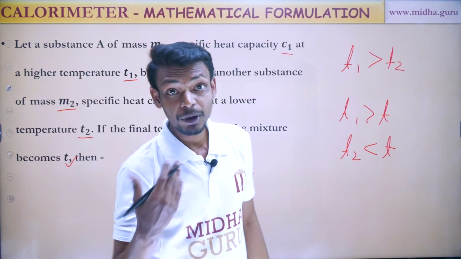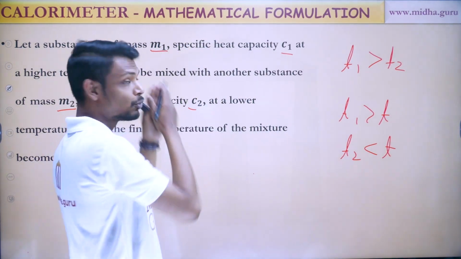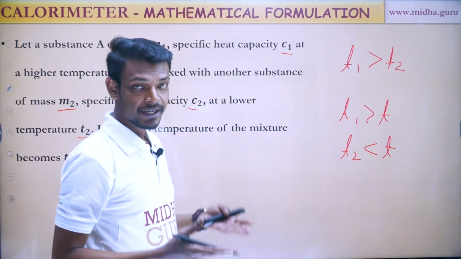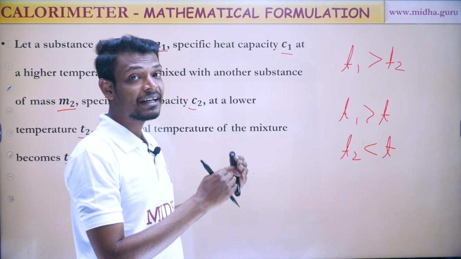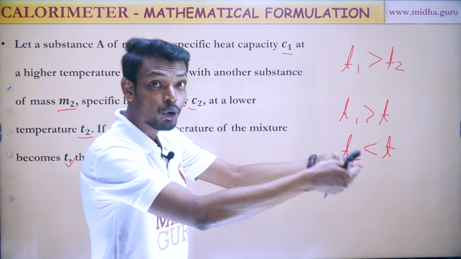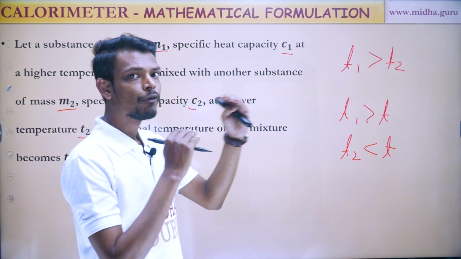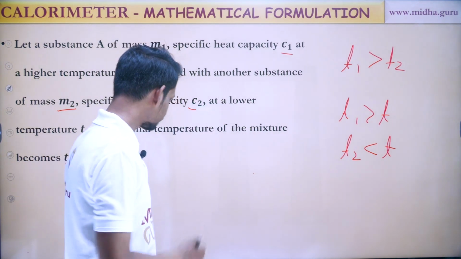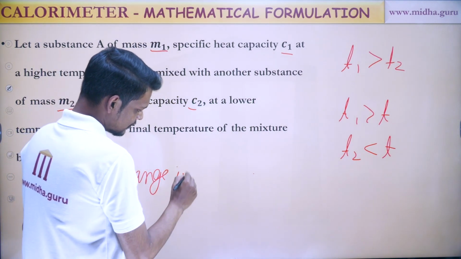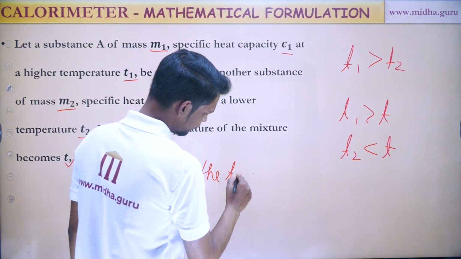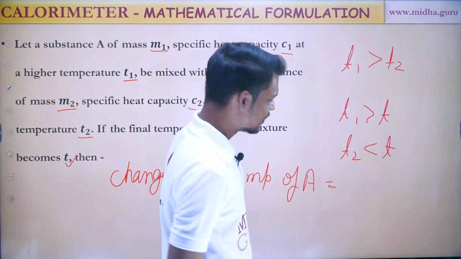Now, if I talk about the amount of heat energy that is transferred from liquid A to liquid B, because that is going to happen, when I mix two liquids, one hotter and another one cold, the heat energy will get transferred from the hotter body to the cold body, and there will be a change in temperature for both the liquids. So first, if I talk about the change in the temperature of A upon mixing, it will be how much?